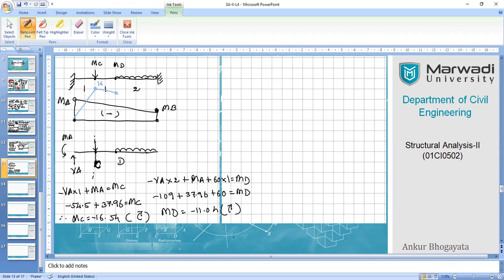And then it should acquire the parabolic shape, because onwards from MD to MB it becomes parabolic. So we can go like this. Okay, so this is what we have drawn, the combined diagram, right?